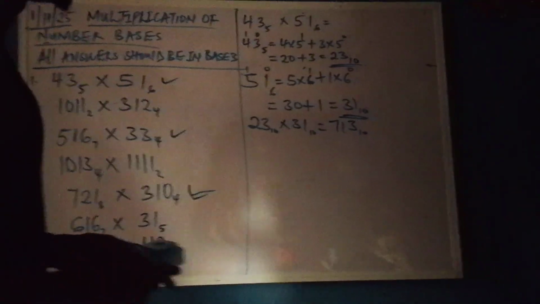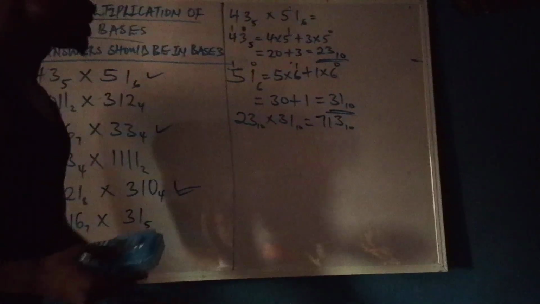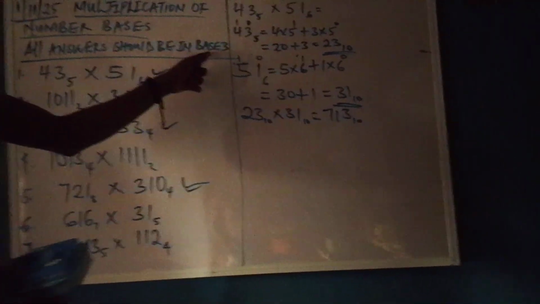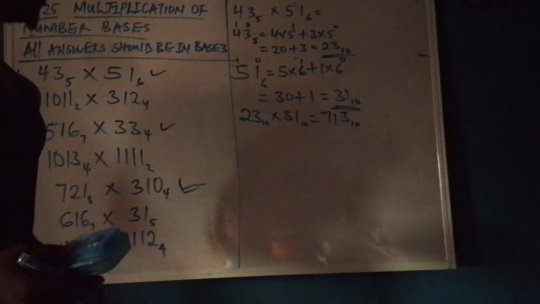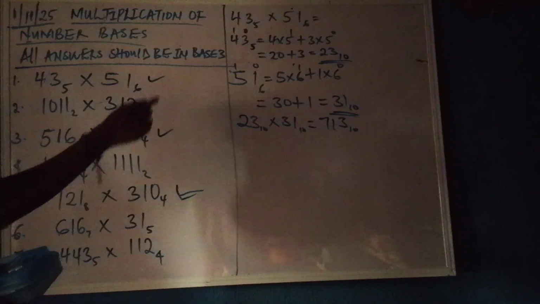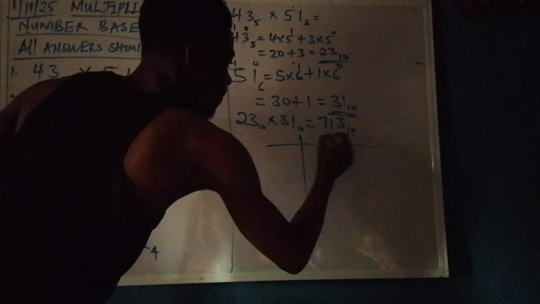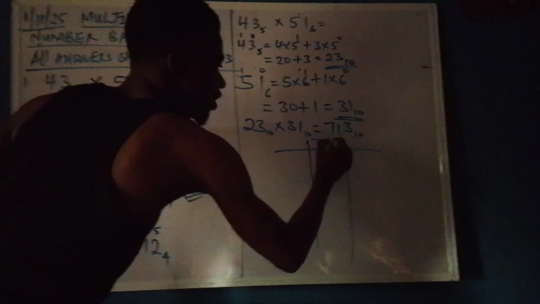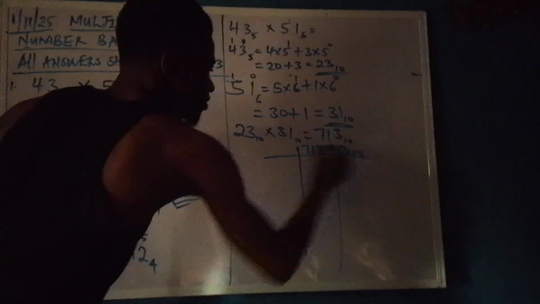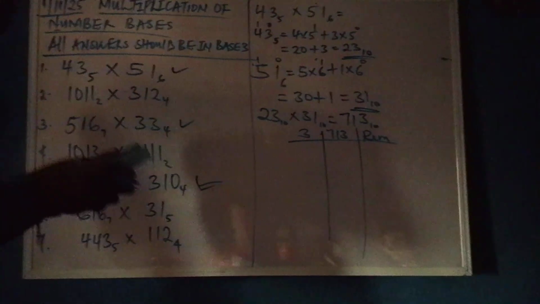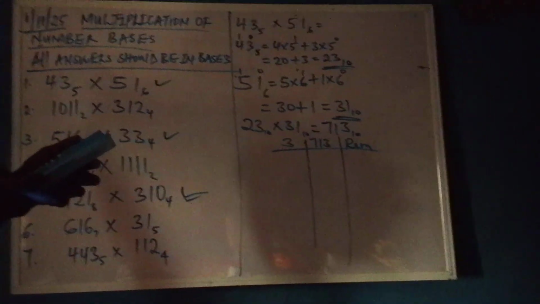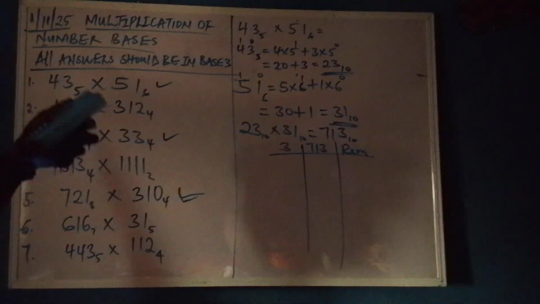We are going to convert this base 10 to base 3, because the question said we should leave our answers in base 3. So we'll draw our line, then 713 and remainder here, then put our base 3 here. We'll start with 713 divided by 3.